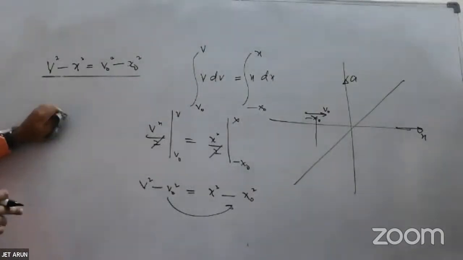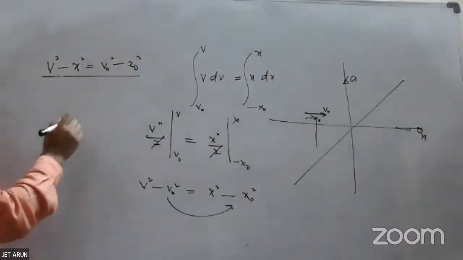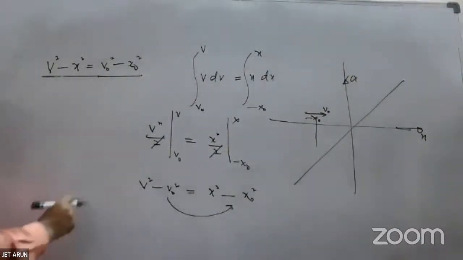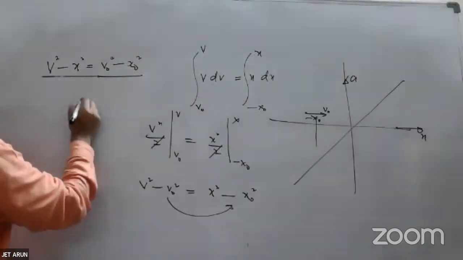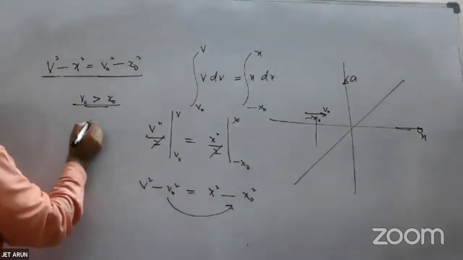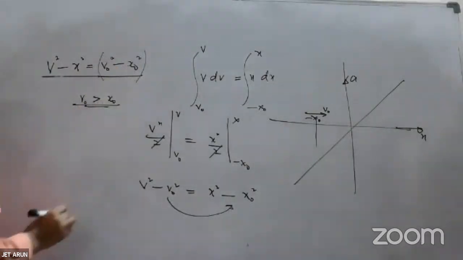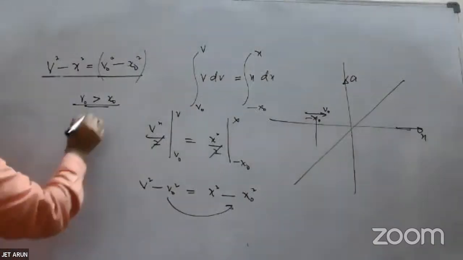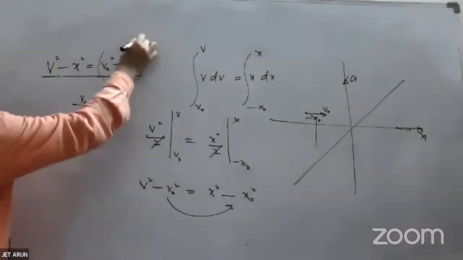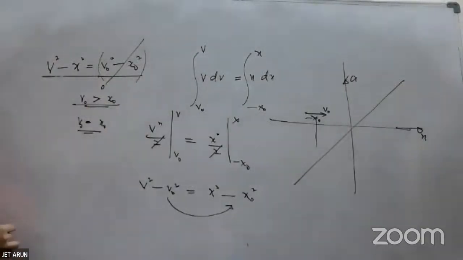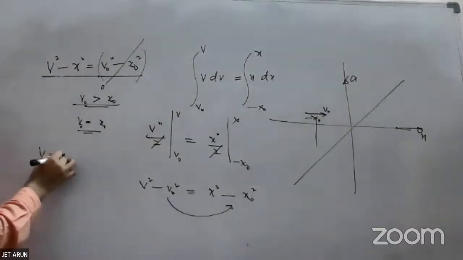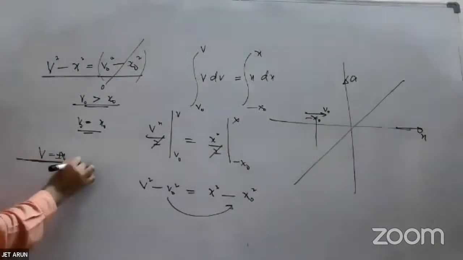So this equation is the equation of a rectangular hyperbola. But look at the students, v naught is in my hand, x naught is in my hand. So if I project with velocity v naught such that v naught is greater than x naught, this term will be positive. If this is equal to v naught, x naught, my this term will be 0. Then v is equal to plus or minus x.